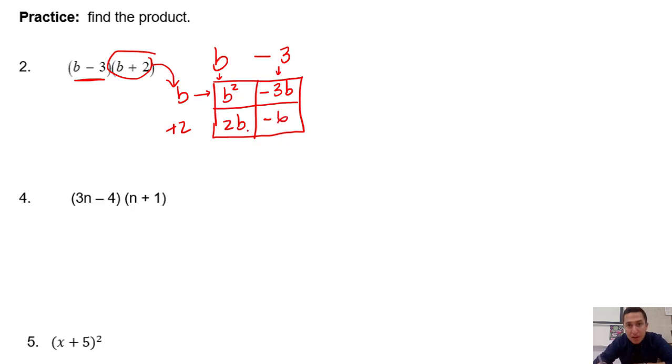Now to get out of the square, all you got to do is combine the like terms. So I'm going to take the b squared out. Here's the first term. I take the -6 out. He's the last term. And now I have to combine these diagonals right here. Always like this. So I'm going to type in -3 plus 2.